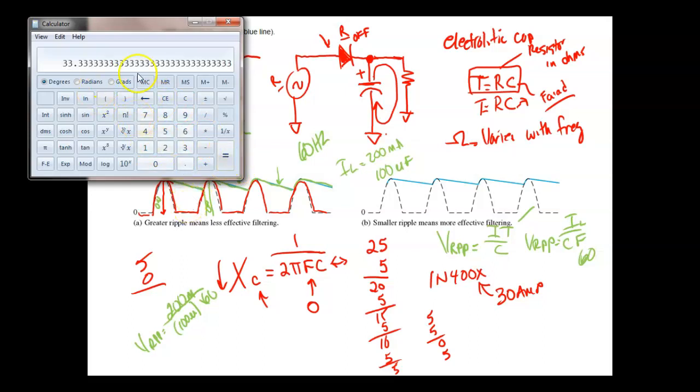No, it's 33.3. You left off with 0. So we need a lot bigger capacitor for 200 milliamps. That's what you get when you pull things off the top of your head. So let's change our capacitor to 1,000 microfarads.